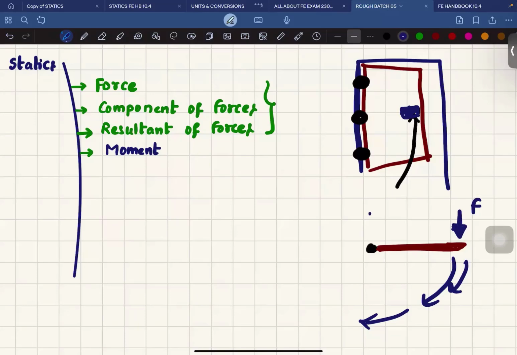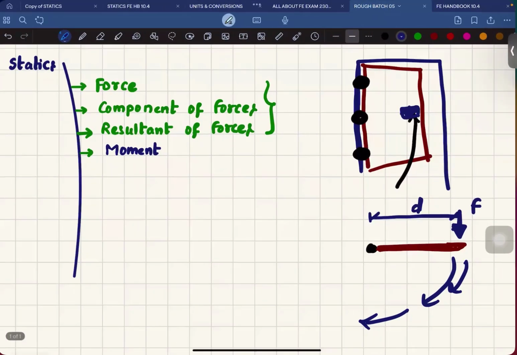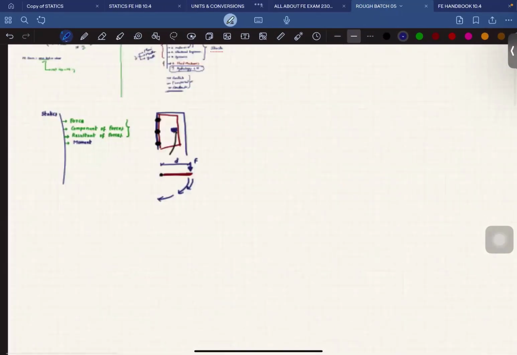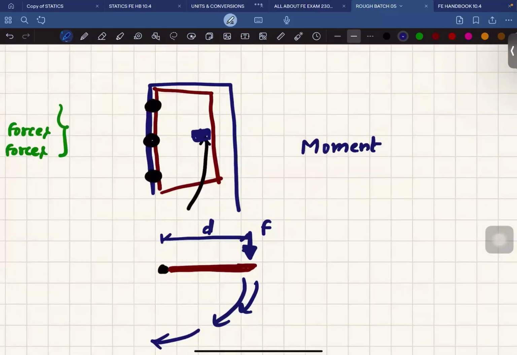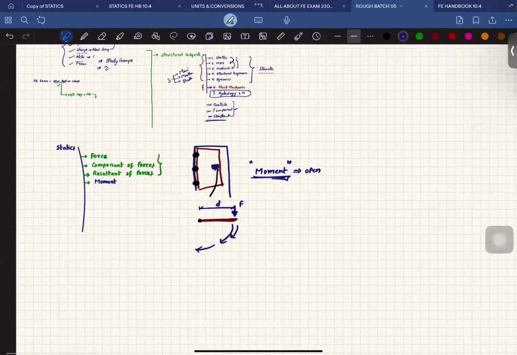So force is here and distance from the hinge is D. Then we can say technically we do apply moment rather than force. There is a force actually, but this force is causing rotation. That's why, since you are students of FE, you are civil engineers, you can say a moment is applied to open the door rather than a force, to be more precise, being a civil engineer. Got it? So this is a very good example of door.